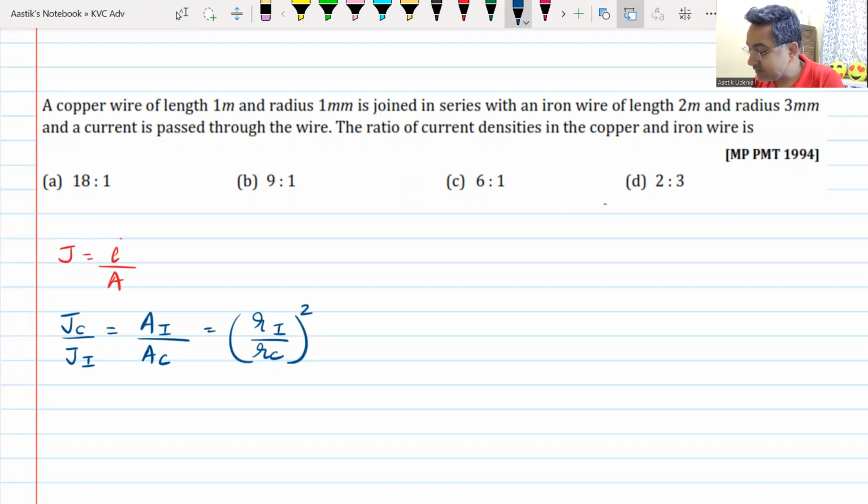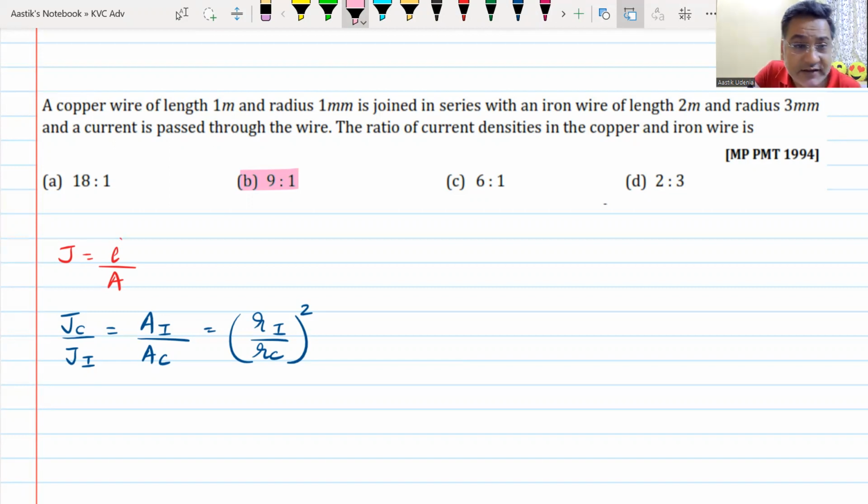The radii are in the ratio 3:1. Therefore, the current density will be in the ratio 9:1. Do we understand this, or has it gone above our head? Saying bye bye. Understood, sir. Pakka, sir? Yes, sir.